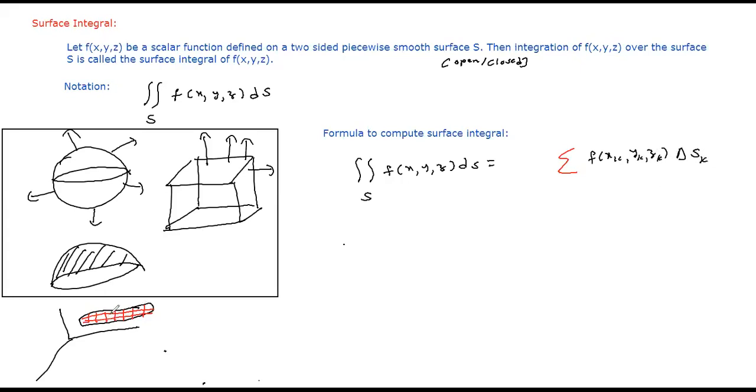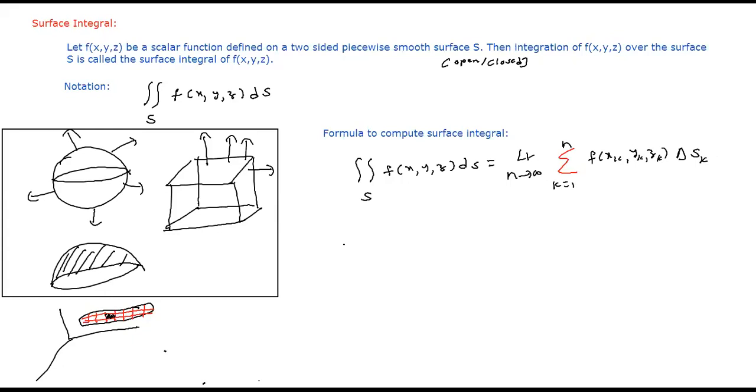It is the area of this smaller part of the surface, and xk, yk, zk is a point in this surface. Like that there are n small pieces, so take the summation from 1 to n. As you increase the number of partition points, you can take the limit as n tends to infinity.